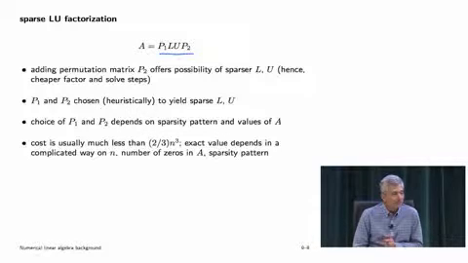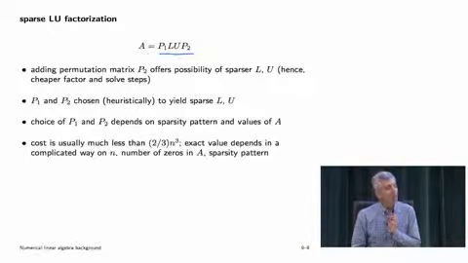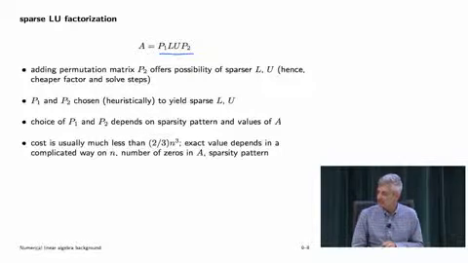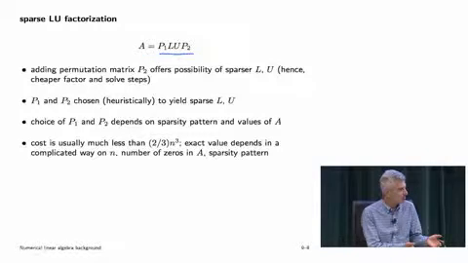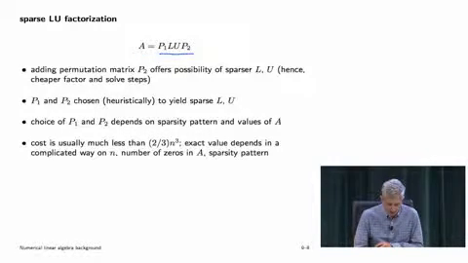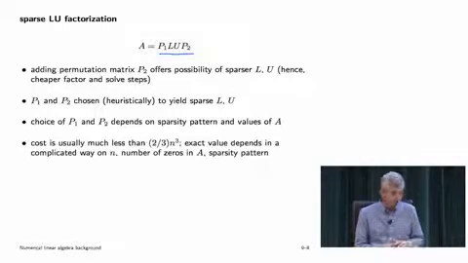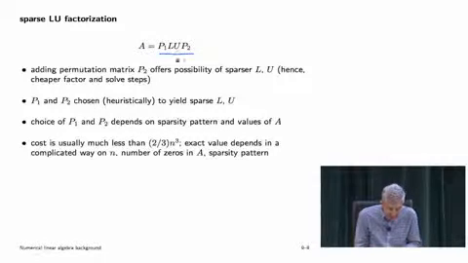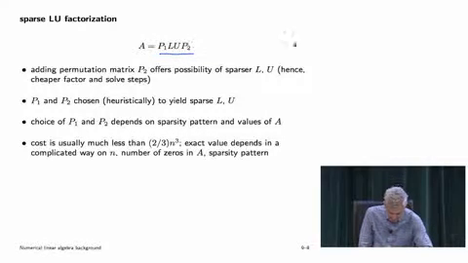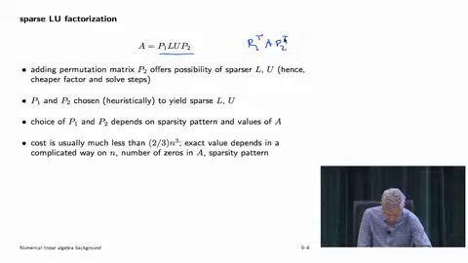Now, mathematically, you only need one of those permutations to ensure the existence of a factorization. The reason you would use 2, a permutation both on the left and on the right, is that what's actually happening here is P1 transpose A P2 transpose is LU.